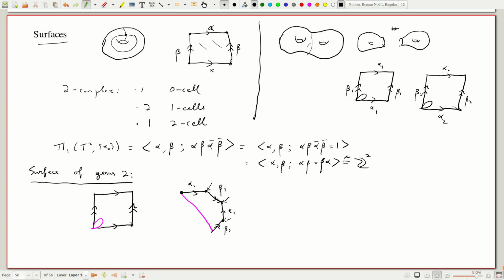And finally that's the initial point of beta 1, and so it's identified with this initial point. So we started with this vertex and saw it was identified with all the other vertices just by the identification of sides. That means these two are actually identified. So this picture is actually equal to this.